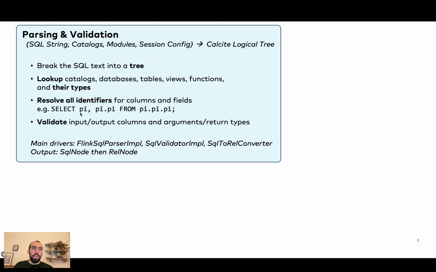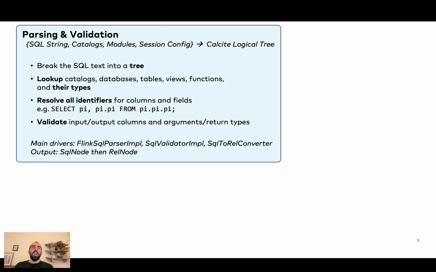And of course, if you're just calling pi, it's most likely that you're referring to the mathematical pi function, right? That also doesn't need to use a parenthesis. So the validator is able to resolve all these different identifiers to concrete columns, fields, and functions. And it also performs the necessary validation of all input and output columns and arguments and return types.